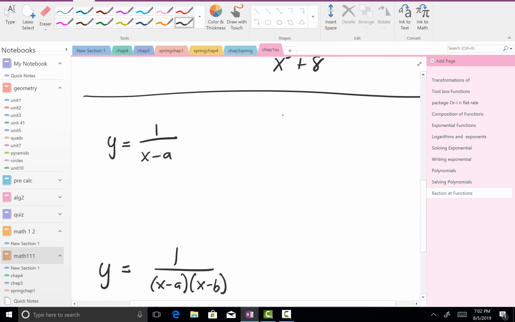We have a graph that looks like this, kind of like this, and this thing here, Ryan says, is my vertical asymptote.